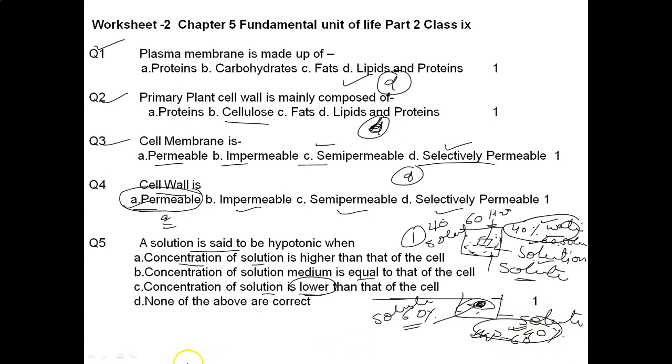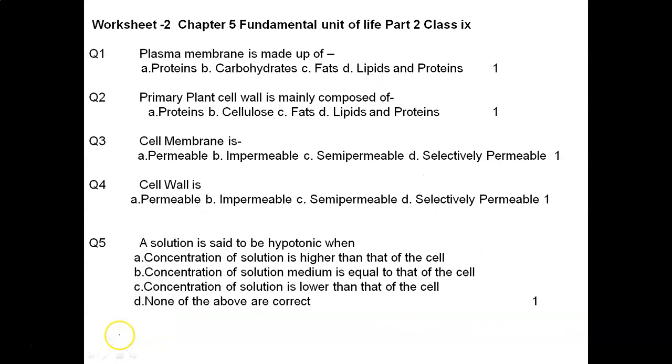And that is why we can say that a hypotonic solution means the concentration of solution is lower than the cell, and the cell will absorb water. The solution is said to be hypotonic when the concentration of solution is lower. What does it mean? The water is more.